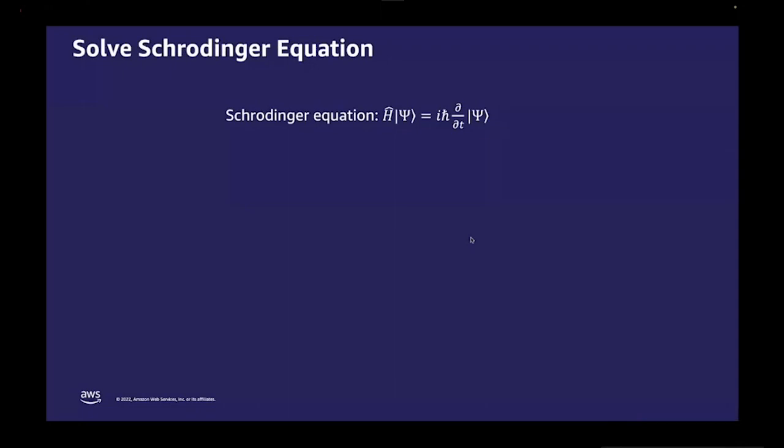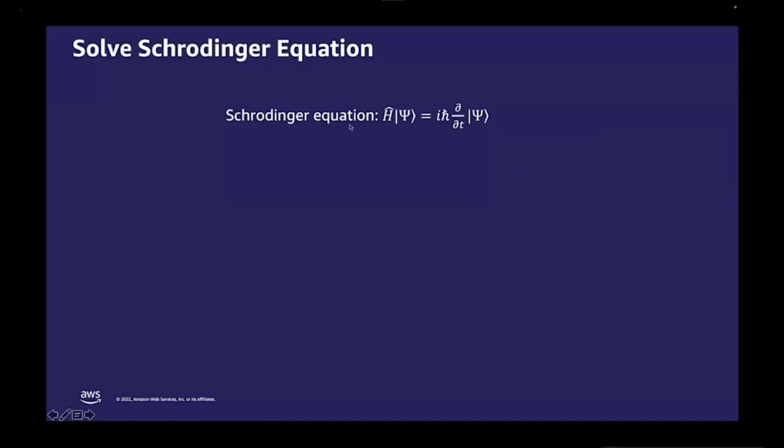I just want to say that you heard me mention the Schrodinger equation many times. Solving this equation is very important in quantum chemistry. If we have a molecule, how do we find the ground state energy? We begin by forming it as the time-independent Schrodinger equation. So this is the time-independent version.